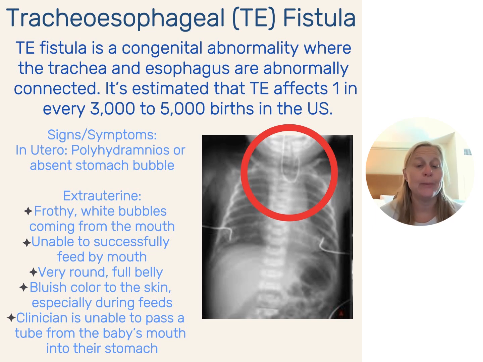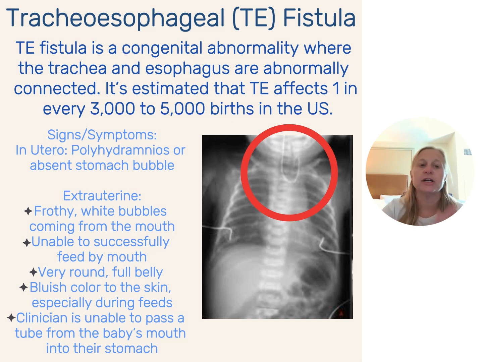Often we don't know about it before the baby is born. And when we do, it's because usually it's the most severe kind and the baby will have polyhydramnios or an absent stomach bubble, meaning that they have polyhydramnios because they aren't swallowing and they have an absent stomach bubble because there's no air getting in there because there's no connection in their esophagus.